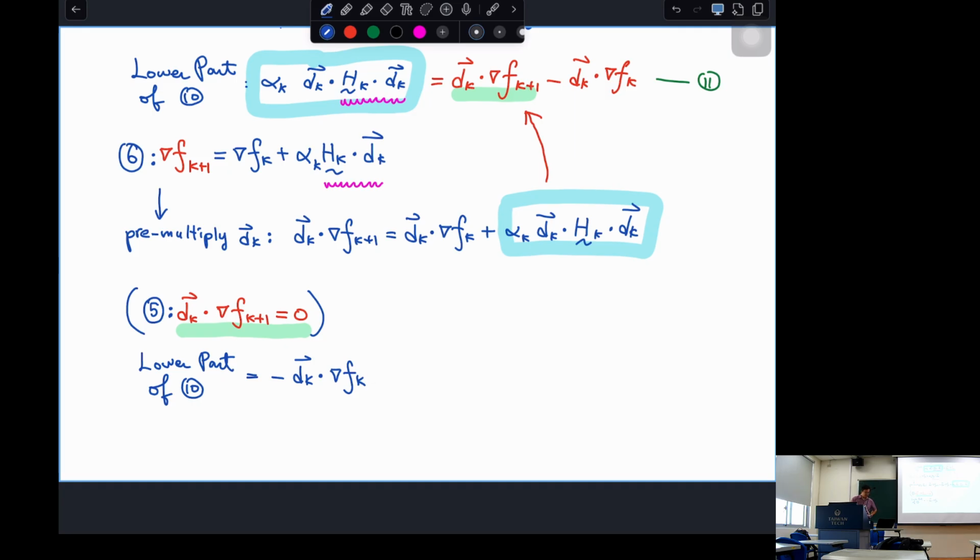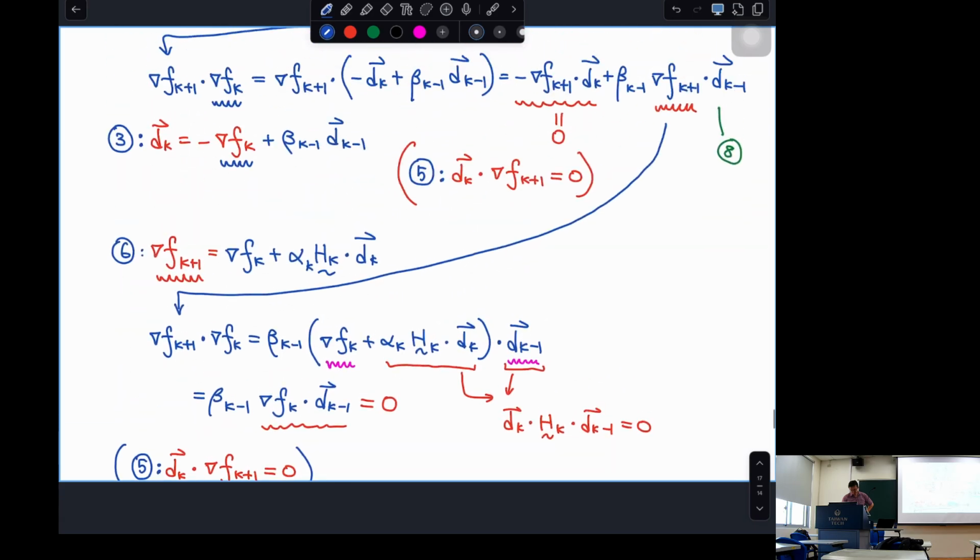And we are going to rewrite it. Can we directly use it? Yes, we can, but we don't want to use the information of dk in beta. Let me explain why.